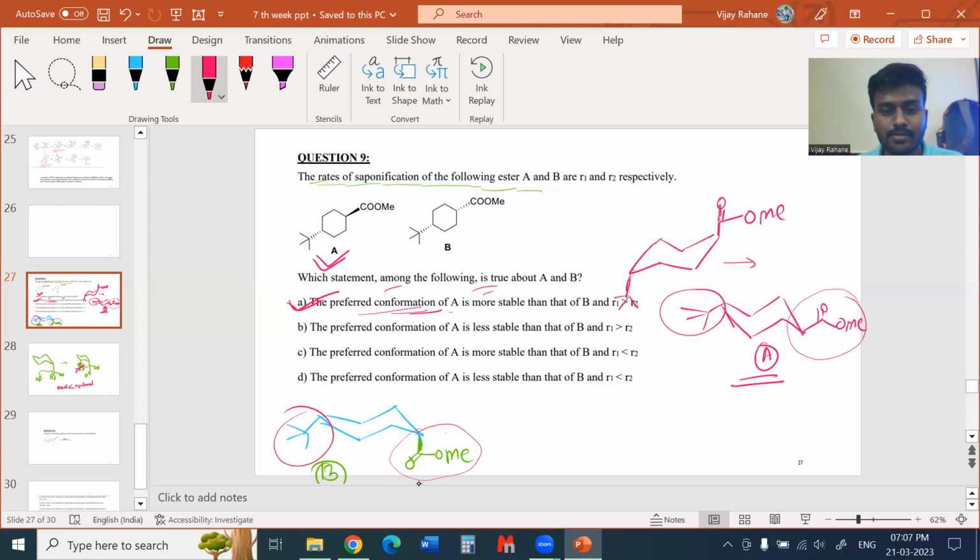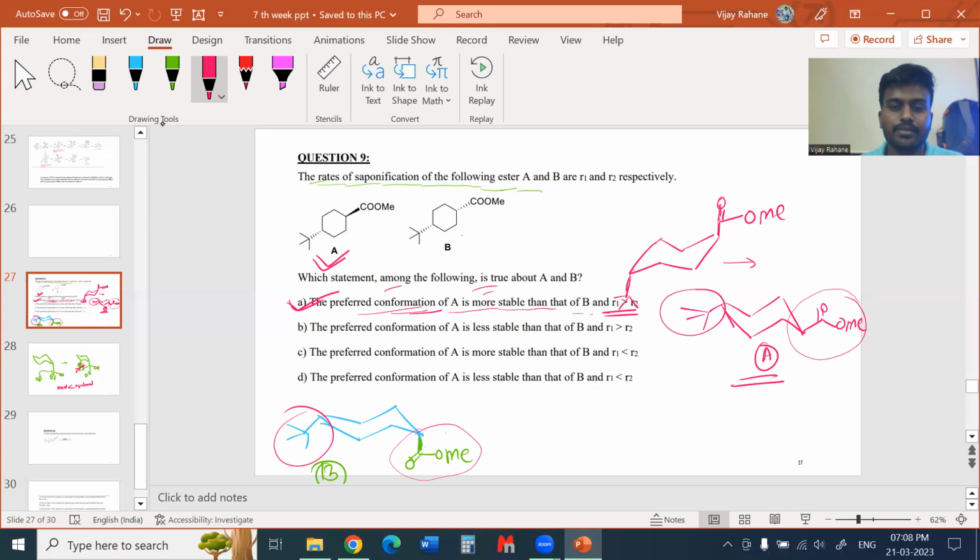And it is more stable than B, and the rate of saponification for the equatorial one is higher as compared to the axial one.